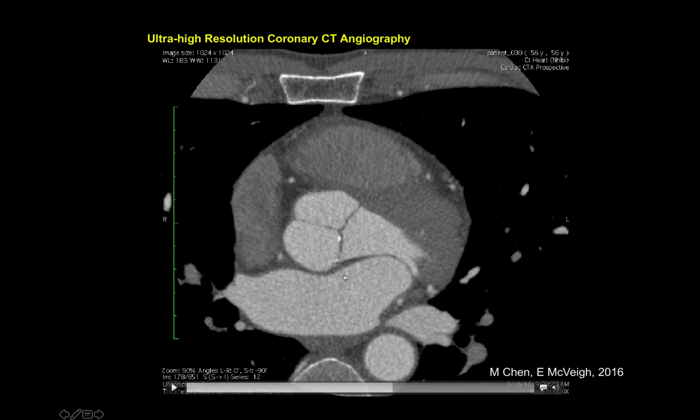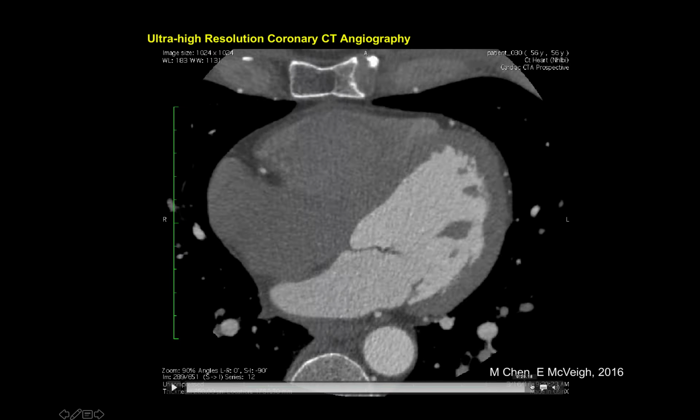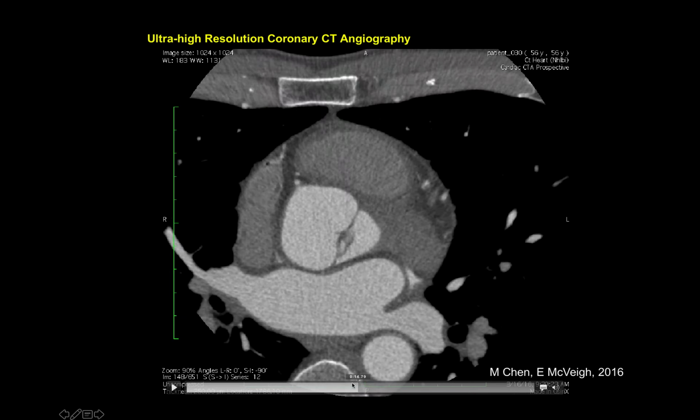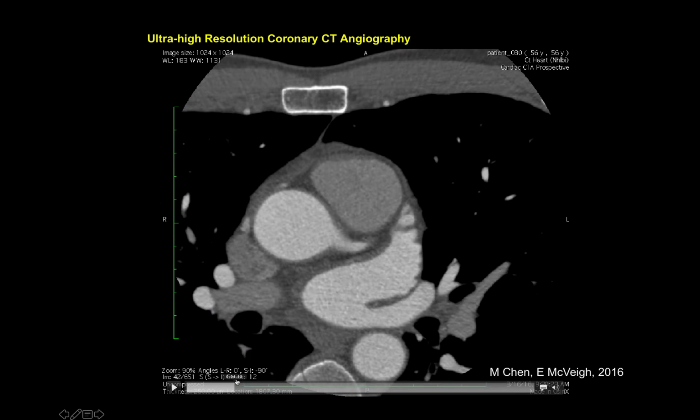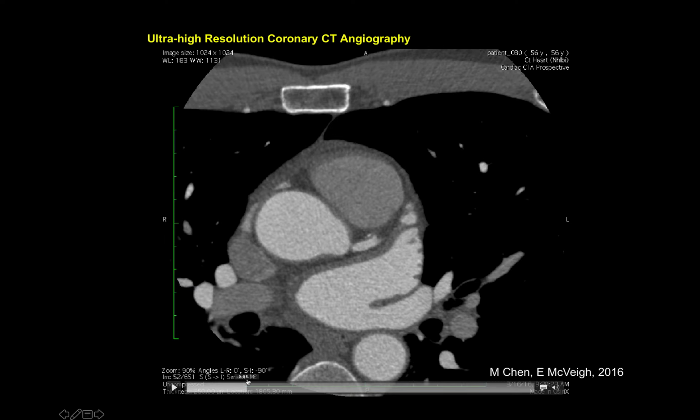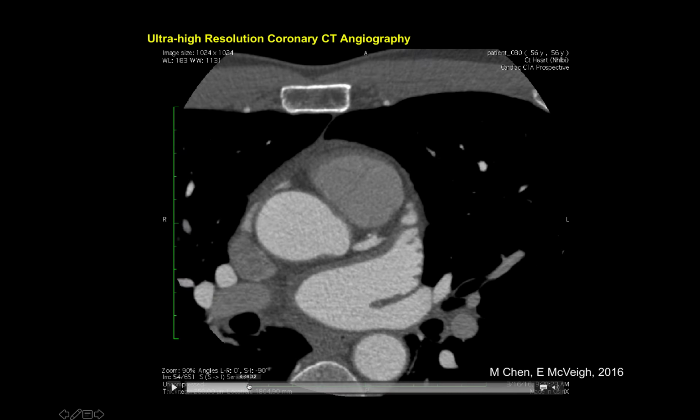So you're seeing things way early. You come down, up here. That little ditzel right there is a piece of calcium, and this is a soft plaque that would be very, very difficult to see on another system. So you're also seeing these really tiny things quite early with this high resolution.